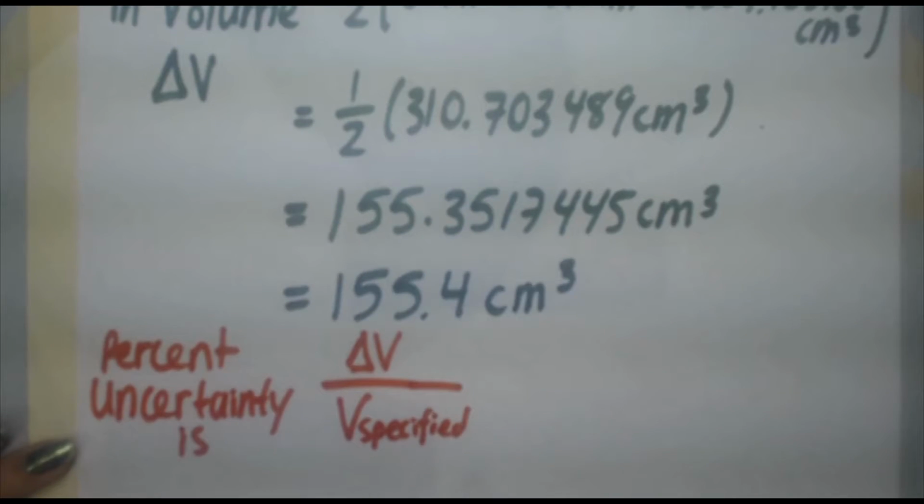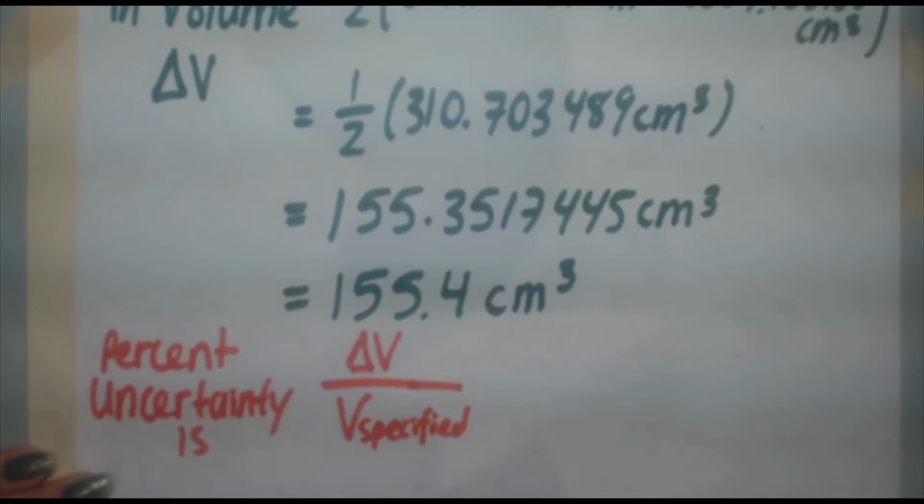The volume ranges were simply done to give us an idea of the uncertainty, but in order to find the actual percent uncertainty, we need the specified volume, using that value of 11.72.